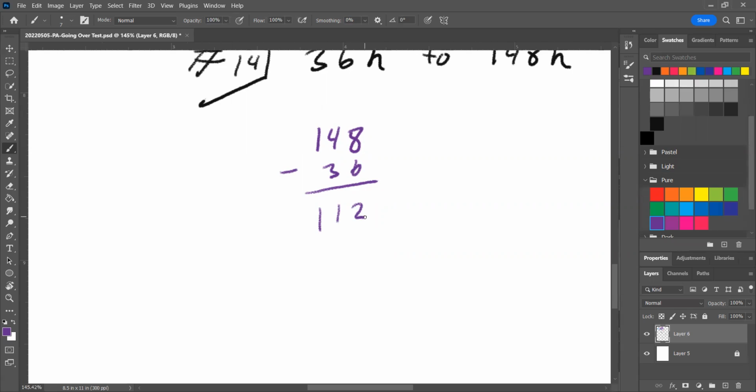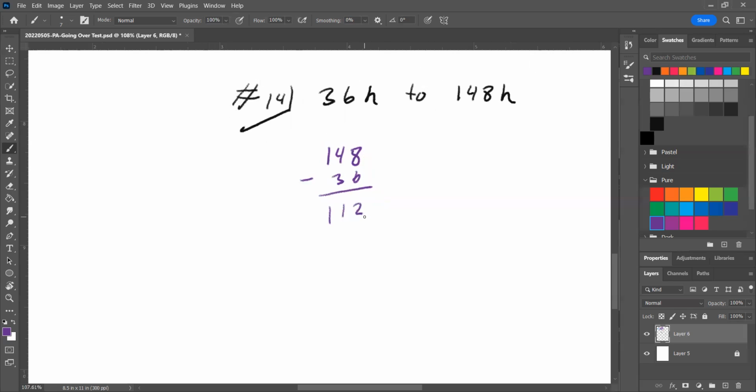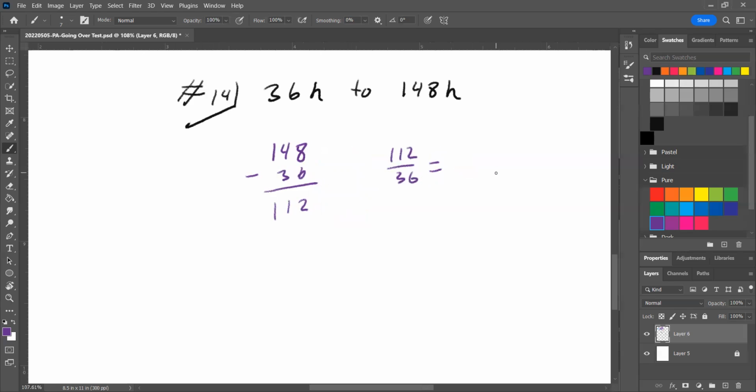And then 112 over 36. Nope, not quite. You would think so, but no, because that's not a percent. It's because you end up getting 3.11111111111, right?